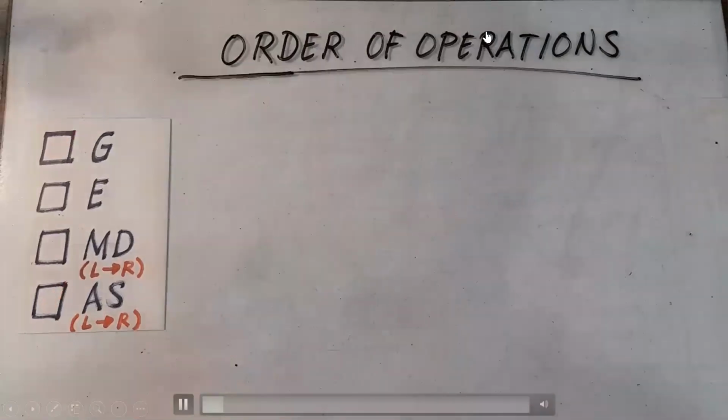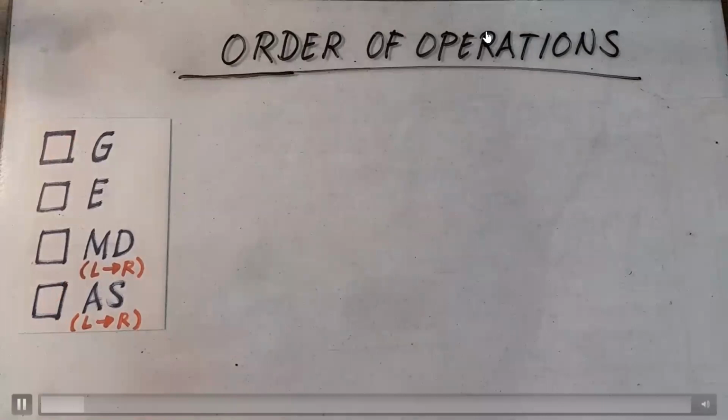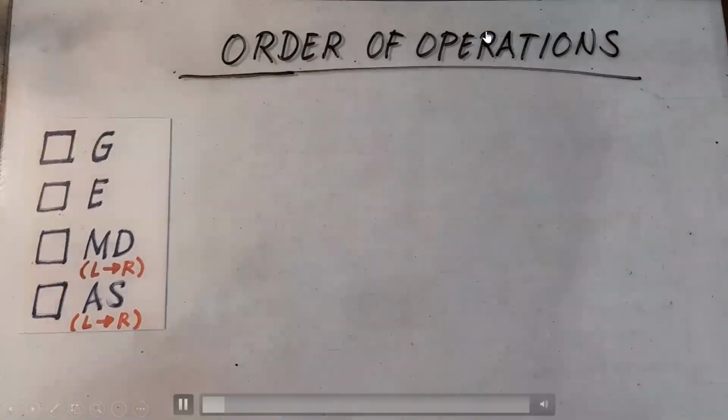Okay. Kanina, isa lang yung ating pares ng grouping symbol. Papaano ngayon kung meron tayong dalawang pares ng grouping symbol?